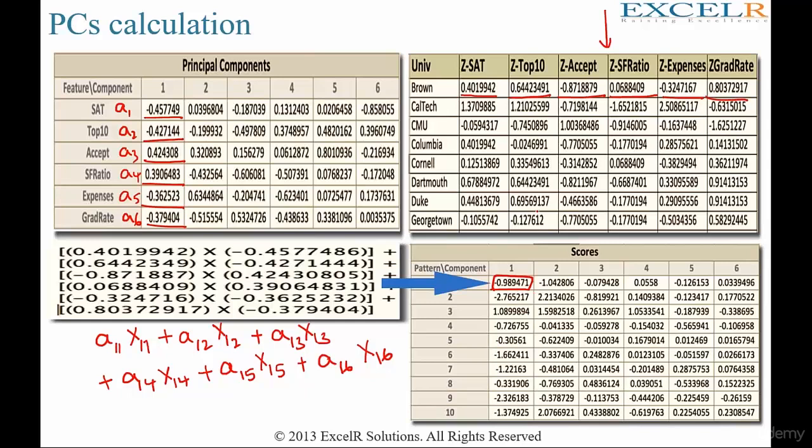Yeah, for Brown University. If you want the second value here, then you will multiply the second set of weights with the same Brown University record, and you'll get this. If you want the third value, you choose these weights, and then you multiply them with the first Brown University record.